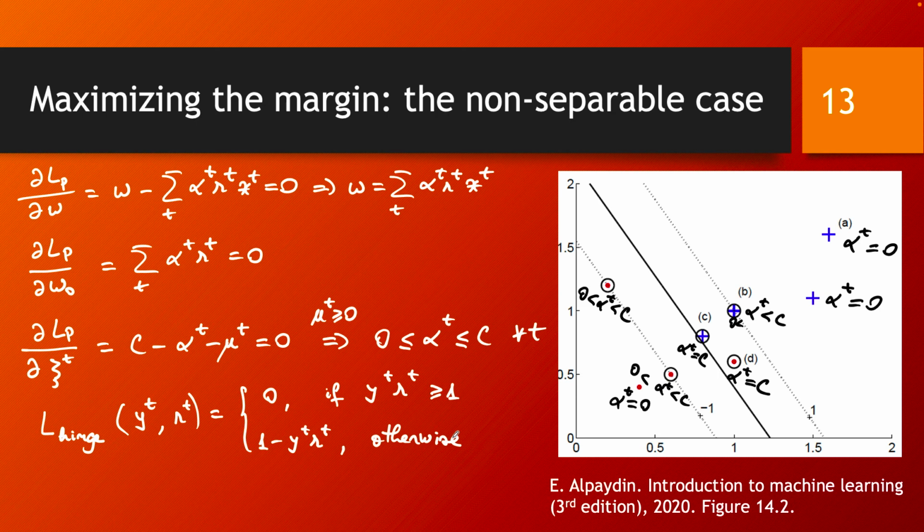One comment I still want to make is about this regularization parameter C, which has an influence on the domain that your alpha coefficients can take. This is really a regularization parameter in the same way that we've had it in other machine learning models, for example in regression, and it defines a trade-off between maximizing the margin and minimizing the error.